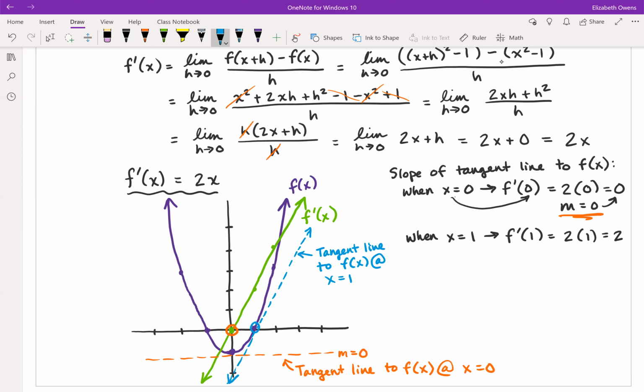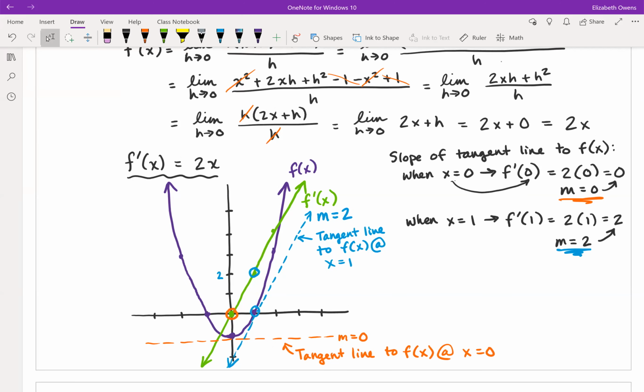This is just a coincidence here. So here the slope is 2. And that's exactly the value that we're getting from the derivative right here. The slope is 2. Notice also the value of the green derivative function there. The value of the green derivative function is 2. That gives us the slope of the tangent line. We can see that slope of the tangent line. Everything just plays together so nicely.